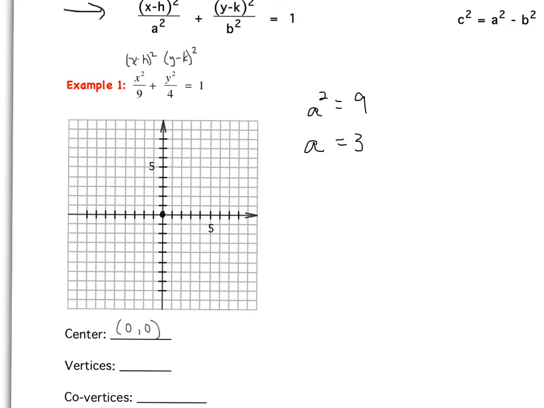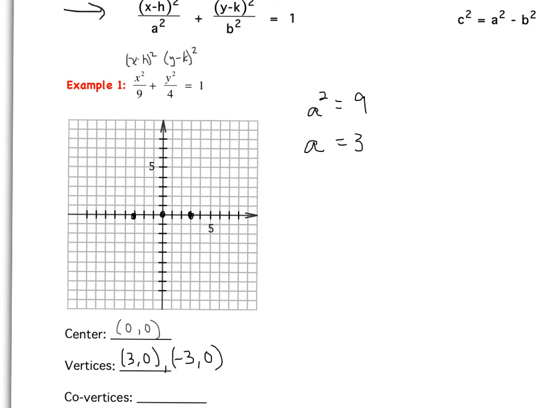So from our center, we go 3 to the right and draw a point, and 3 to the left and draw another vertex, and we have the endpoints of our major axis. We can then write the coordinates of those points in our spot below our graph. So the vertices are at 3, 0 and at negative 3, 0.